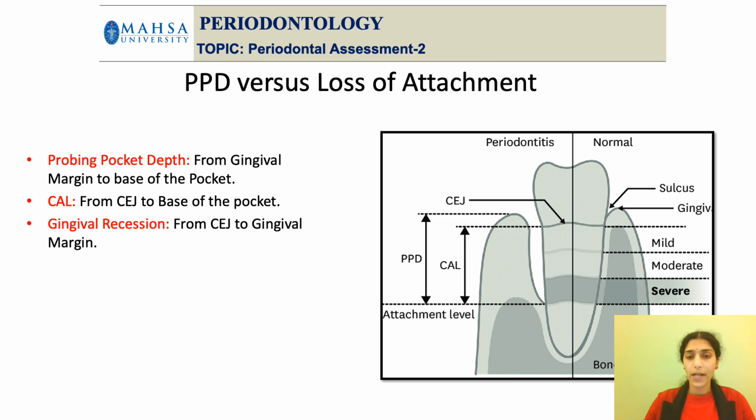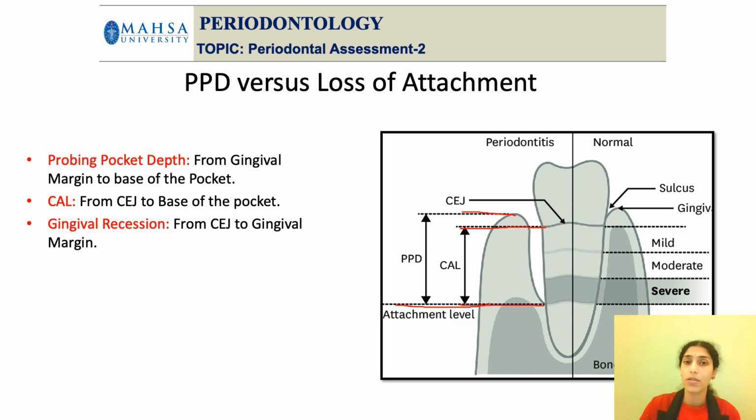The periodontal pocket depth is the distance measured from the gingival margin, as you can see here, to the base of the pocket as measured by the probe. Whereas the clinical attachment loss is not measured from the gingival margin; rather, as you can see in the picture, it is the distance from the CEJ to the base of the pocket. This is the difference between probing pocket depth and attachment loss.